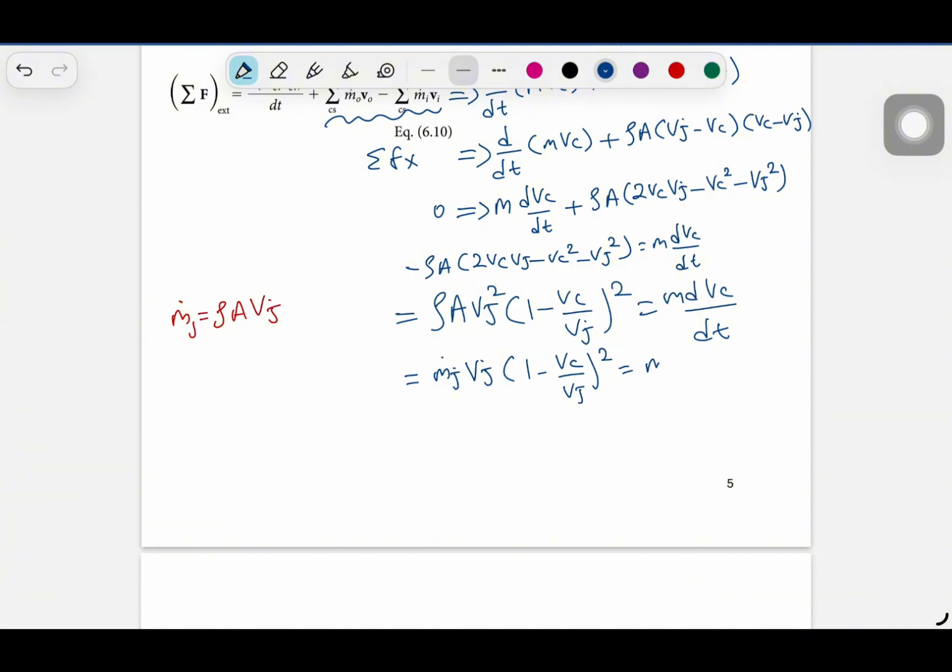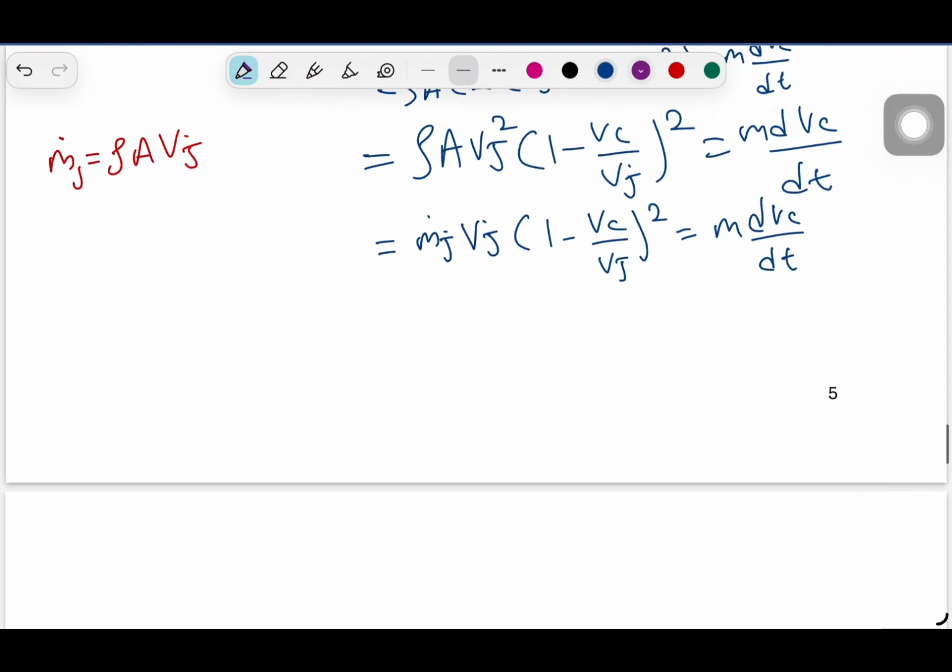And this is equal to d/dt of velocity of kite. So with more modification, we are going to get d/dt of Vc over Vz.